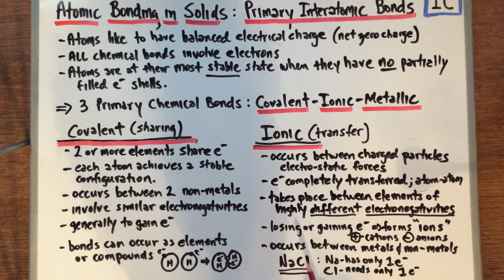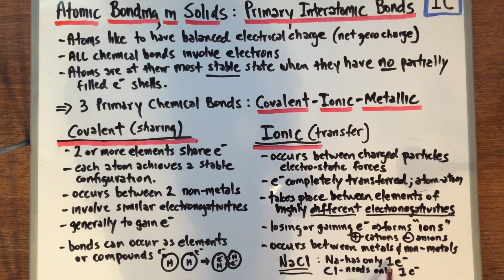When naming these ionic compounds, the metal is always listed first. My example here is sodium chloride, the sodium being the metal.